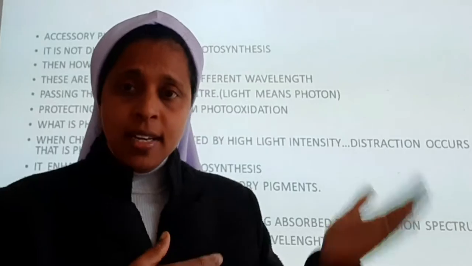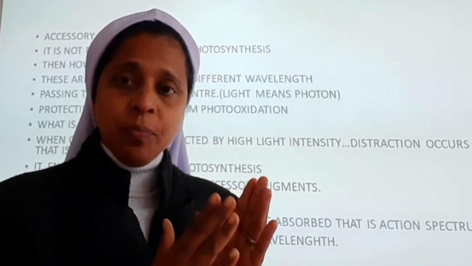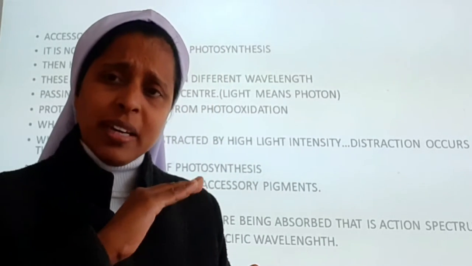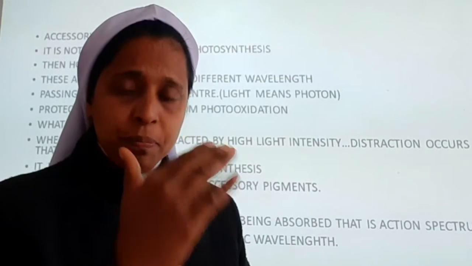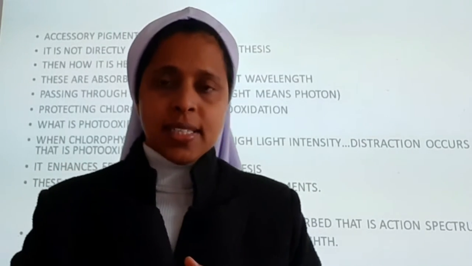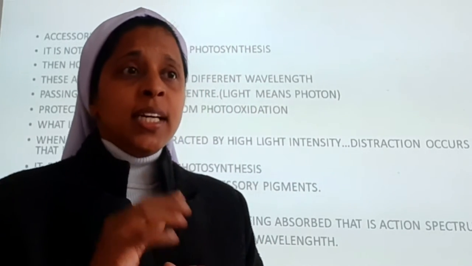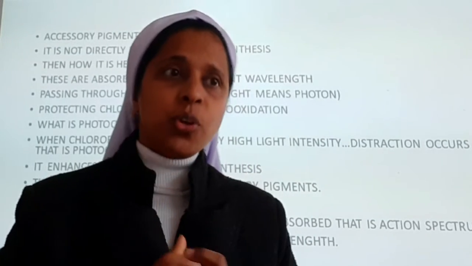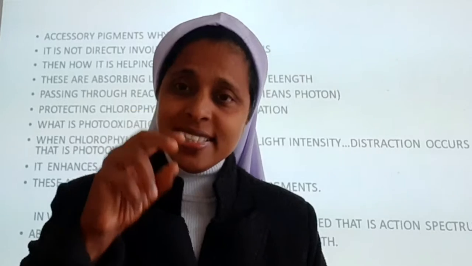We will go to the previous slide, where we can see how they absorb various wavelengths. Then the light, which means photons, will be passed to the reaction center. Another reason they are considered accessory pigments is that they protect chlorophyll from photo-oxidation. Photo-oxidation is when the chlorophyll is damaged by high light intensity.